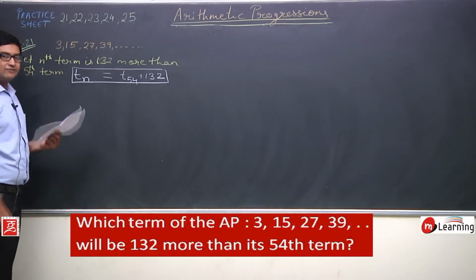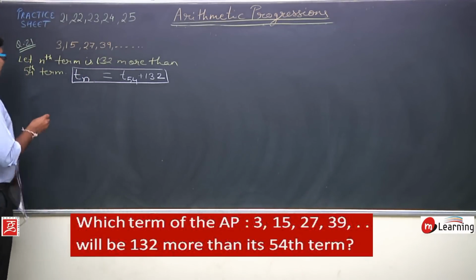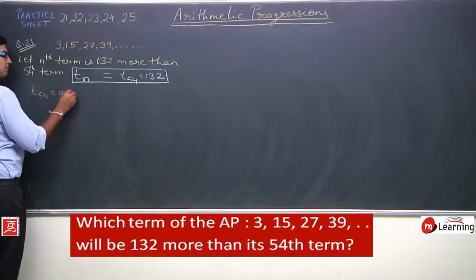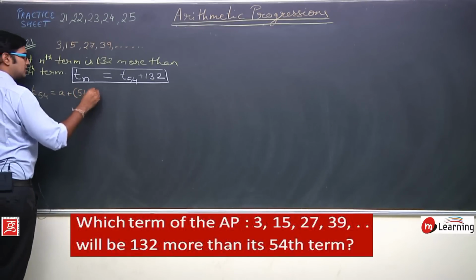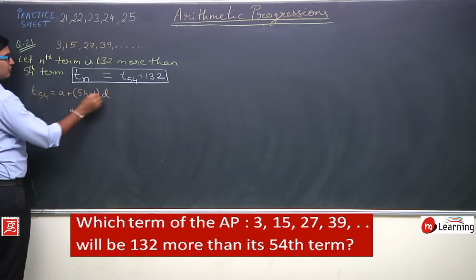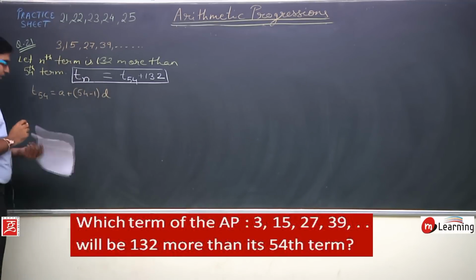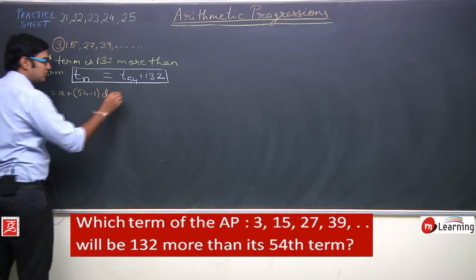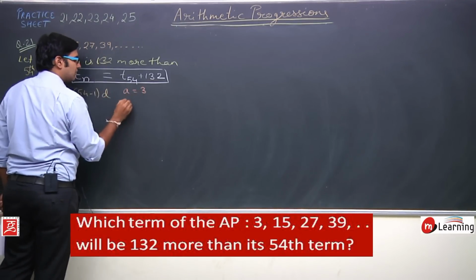Now, what is T54? T54 is equal to A plus 54 minus 1 into D. Okay, what is A and what is D? In this AP you can see A is 3. Okay, the value of A is 3, and what is D?